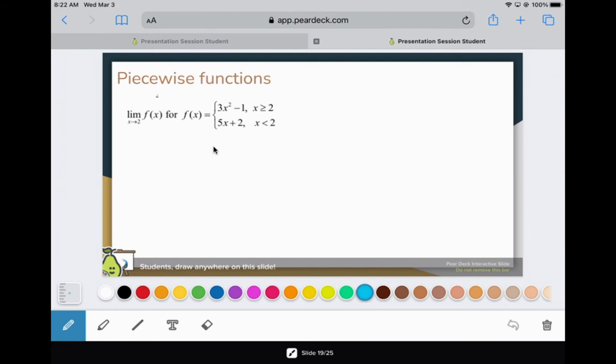A piecewise function is when you have more than one equation given to you. But when you graph, the graph is not going to be like one function. It's like 2 functions put together, 2, 3, or even 4. But we're just going to focus on 2 functions put together, and then we see what is the limit at that point.